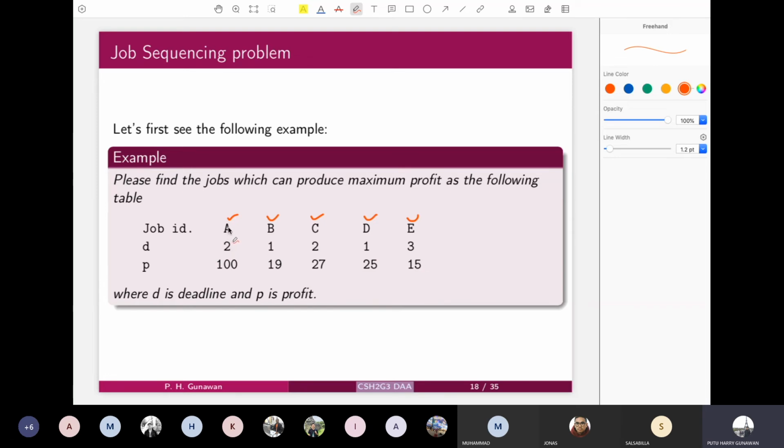For instance, job A has a deadline of 2 and a profit of 100. Job B has a deadline of 1 and a profit of 19, etc. Then pick the candidate set of jobs that gives the maximum profit.